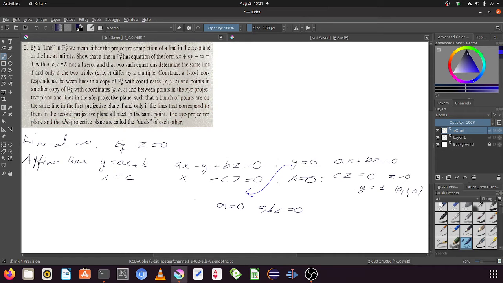The point at infinity should be defined only by a.